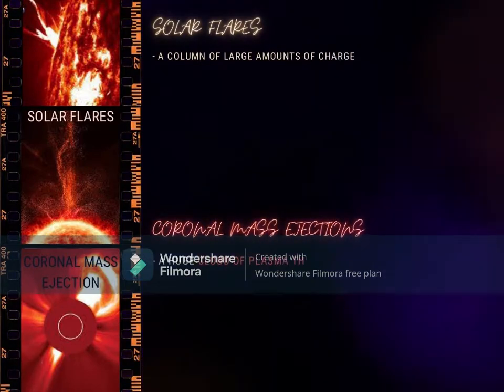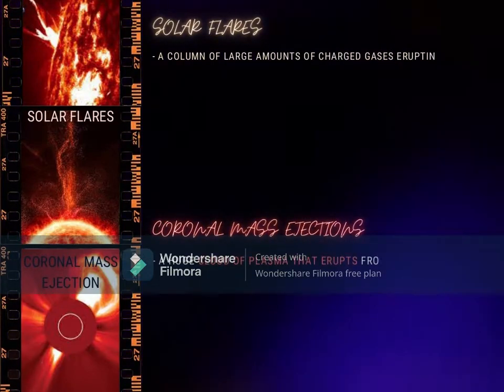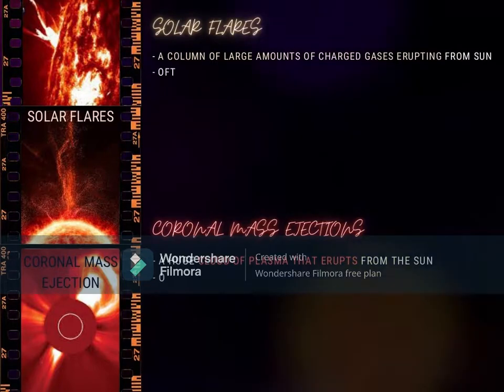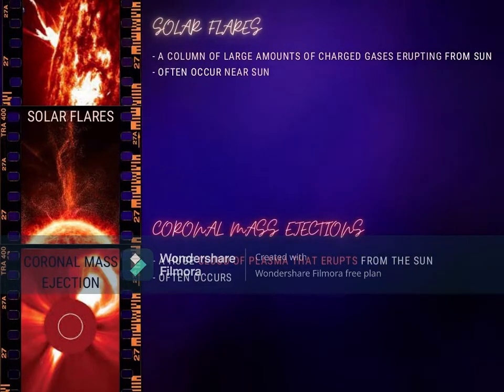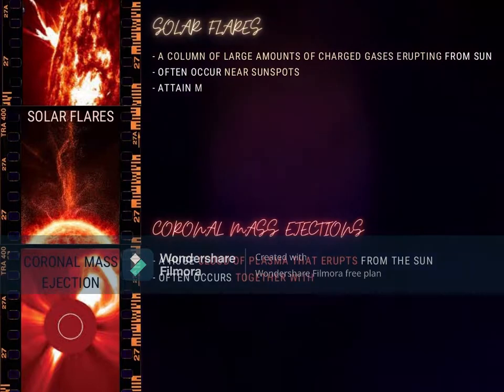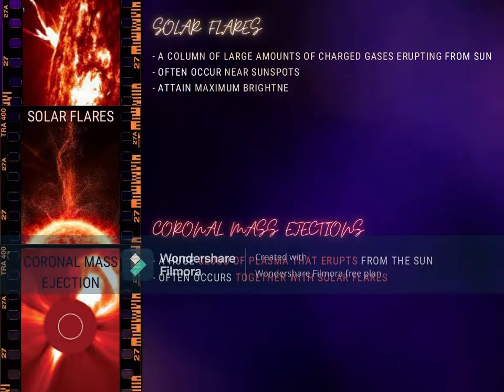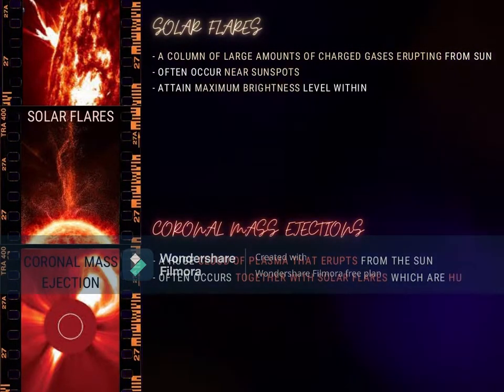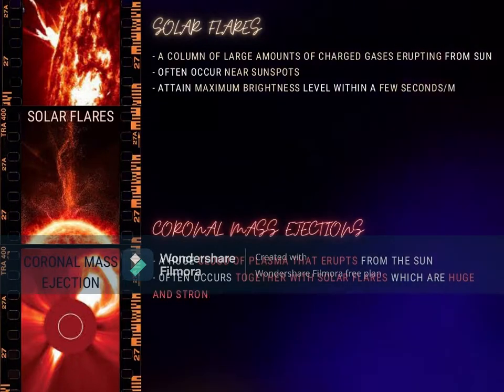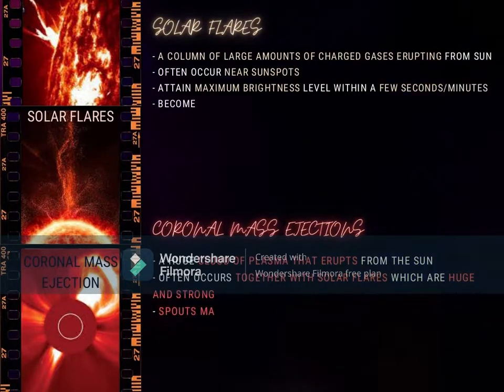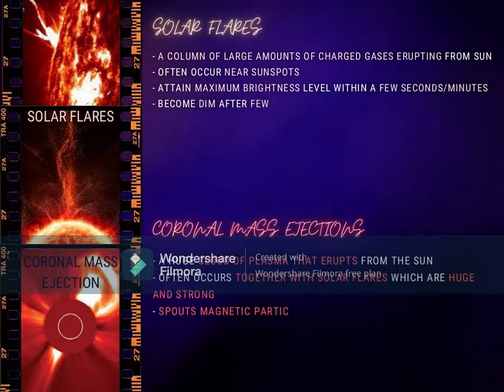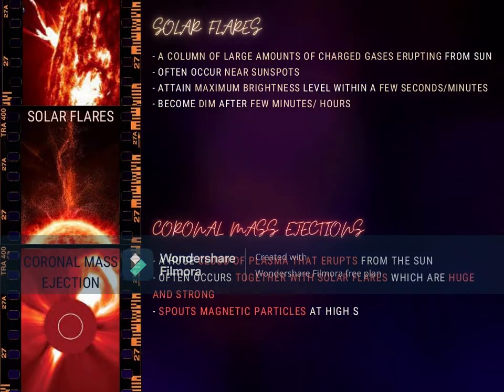Number 4 is solar flares. Solar flares are a column of large amounts of charged gases erupting from the sun. Solar flares often occur near sunspots. Solar flares attain their maximum brightness level within a few seconds or minutes, and then become dim after a few minutes or hours.